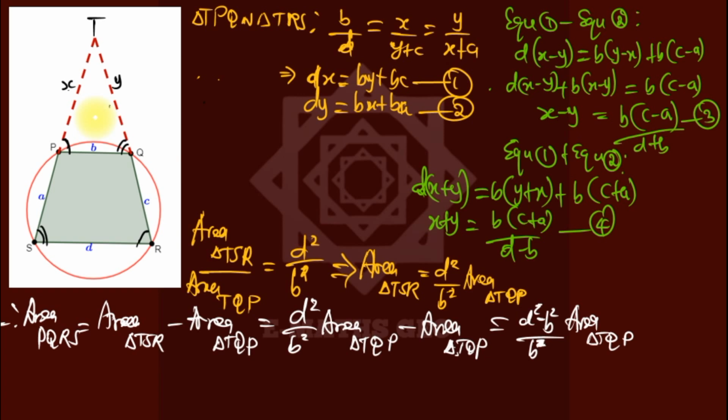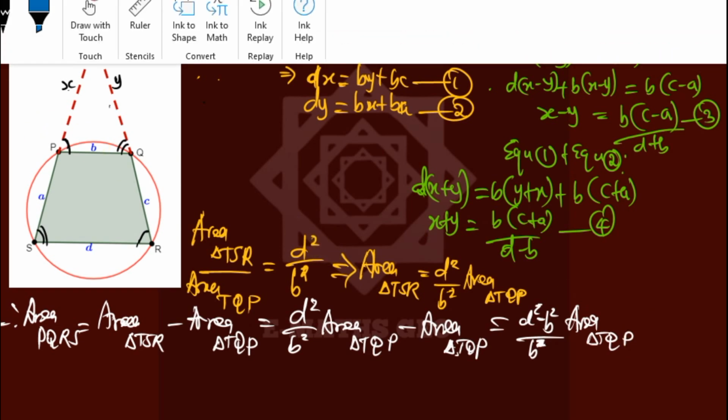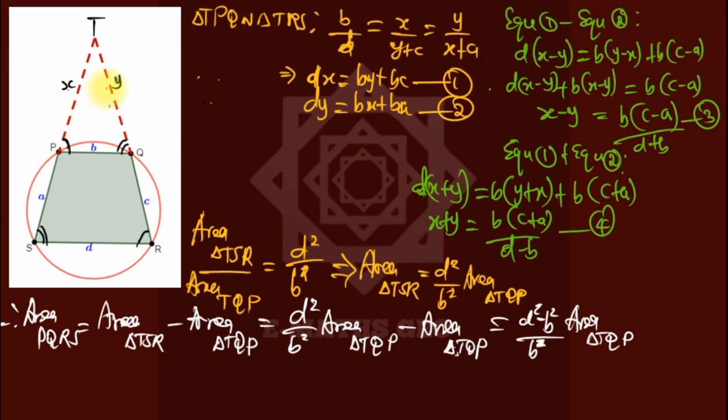So now we need to get an expression for the area of the small one, that's TQP, after we substitute. Looking at triangle TQP, as you can see in the diagram, we have a triangle with 3 sides.